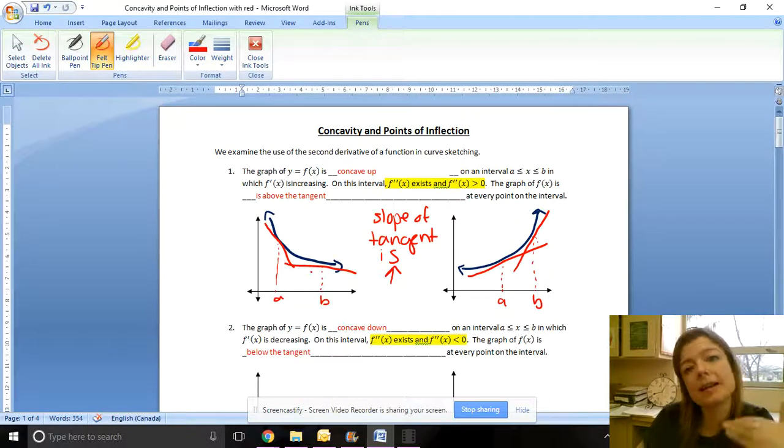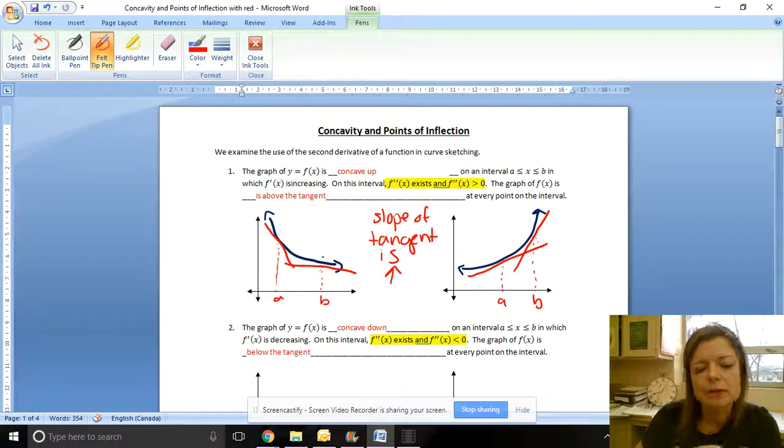Remember, when something is increasing, that means its derivative is positive. Since f prime, which is another way of saying slope of the tangent, is increasing, that means the second derivative is positive.